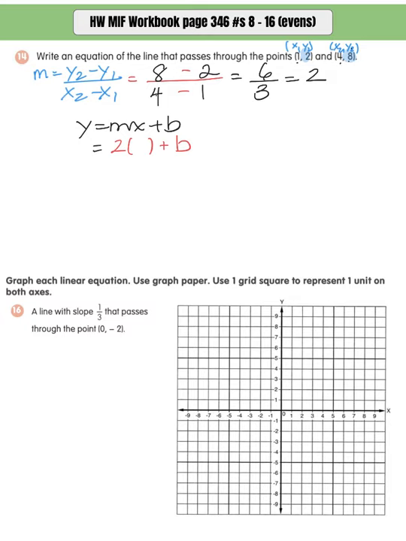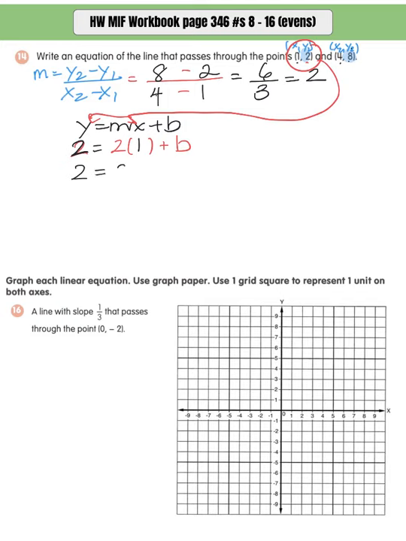So I can pick either one. So I'm just going to pick this one, to plug into right here and right here. So I have my y is right here 2, so y goes in here. My x is 1. Actually, I'll just use a different color so you can see it. So right here. Now let's solve.